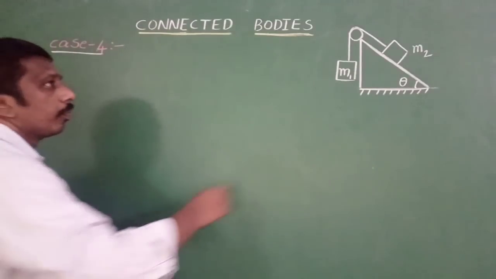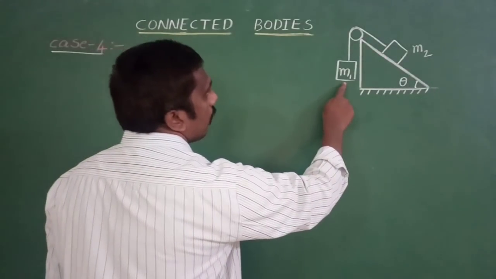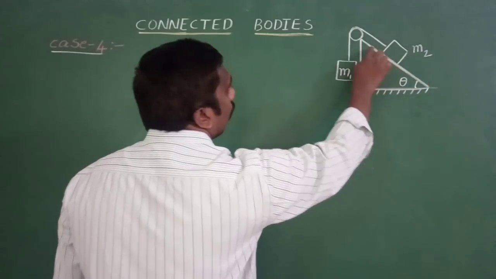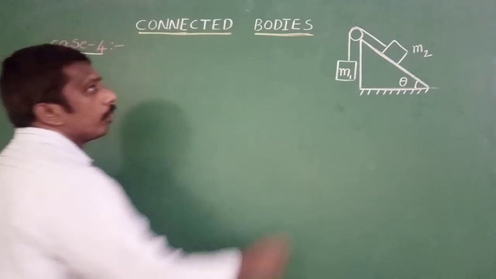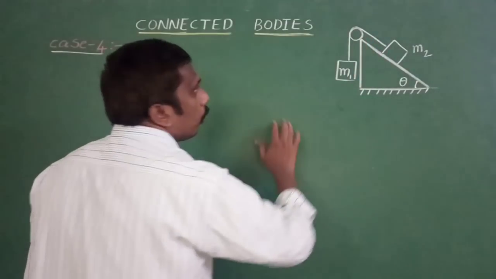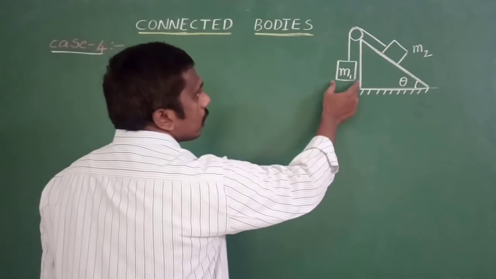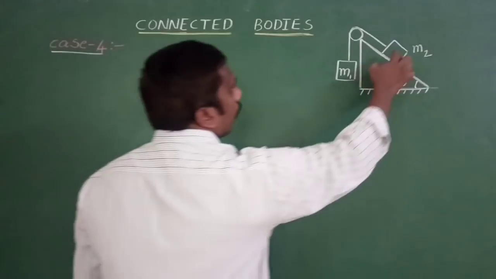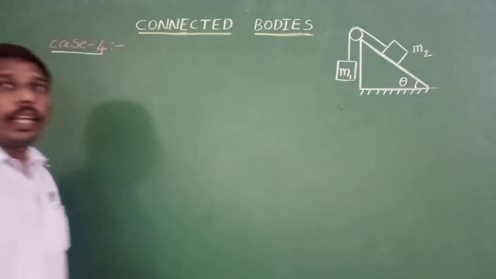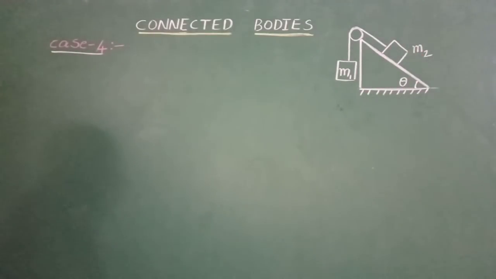Next case. Two blocks of mass M1 and M2 are connected by a string and passed over a pulley. But here one block is suspended vertically and another block is placed on an inclined plane. In this case, we have to find acceleration and tension.